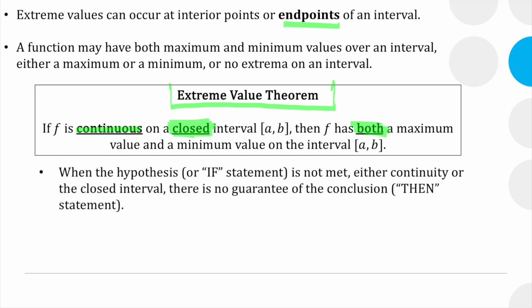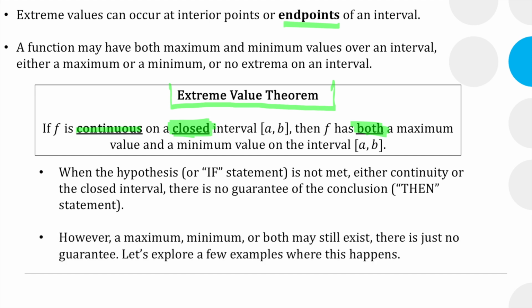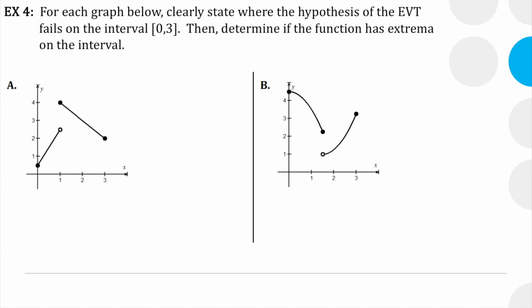When the hypothesis, or if statement, is not met, either continuity or the closed interval, there's no guarantee of the conclusion, the then statement. However, a maximum, minimum, or both still may exist. There's just no guarantee. Let's explore a few examples where this happens.